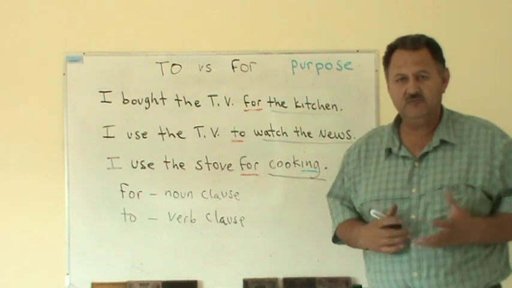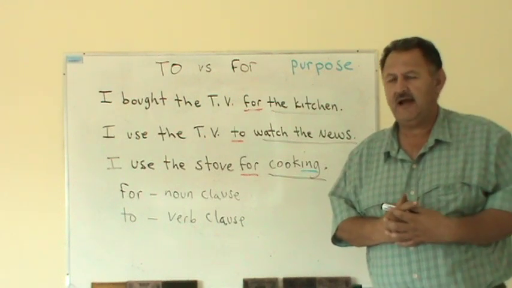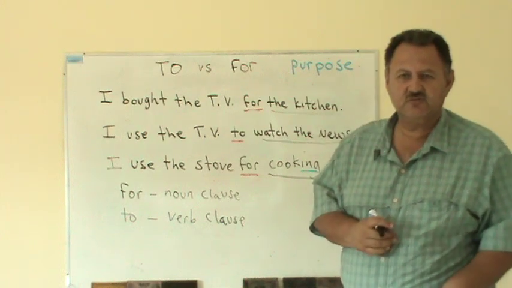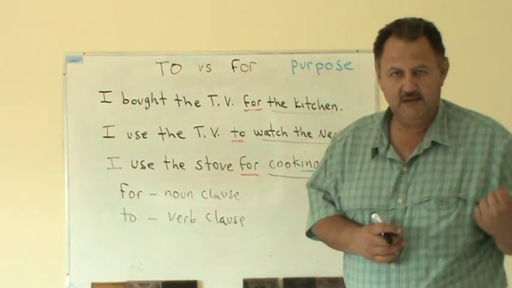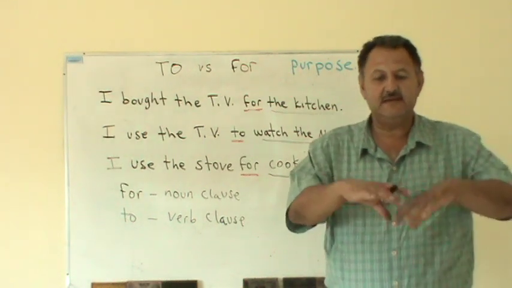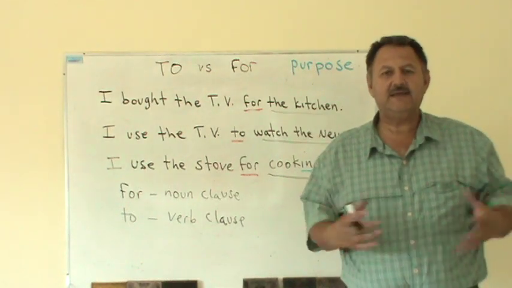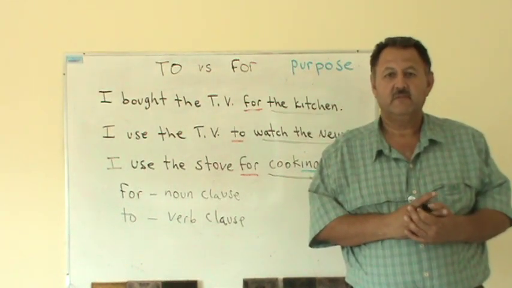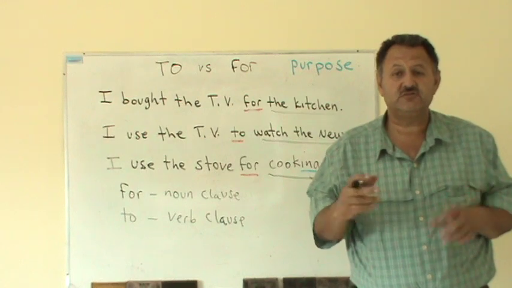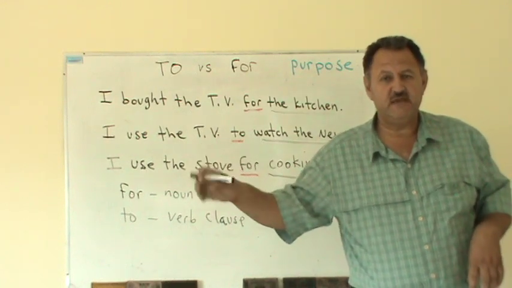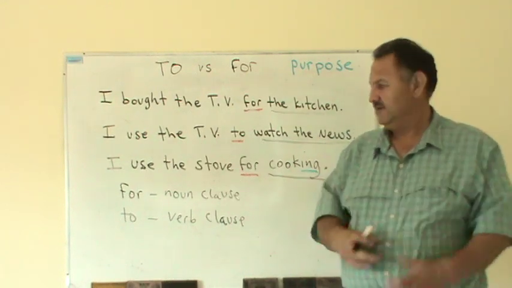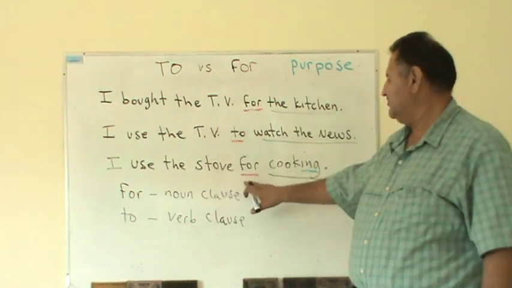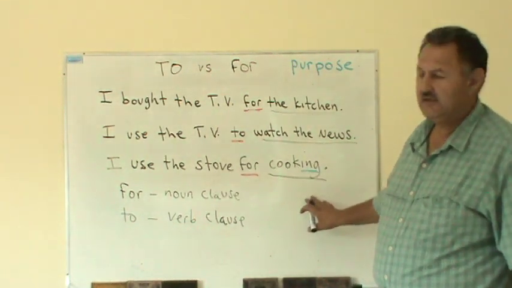Okay? It's a noun. If I say I like these tennis shoes for running, the idea of running is a noun, because I'm not using the verb to be before it. So I use the stove for cooking.